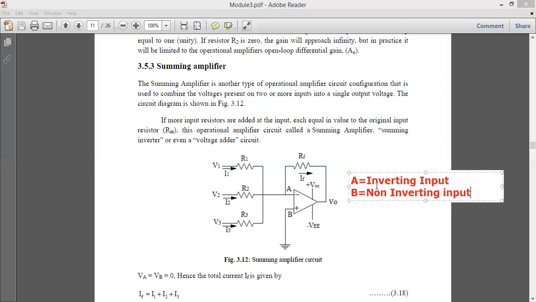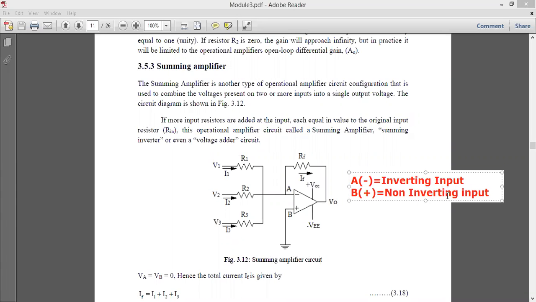So basically, an op-amp consists of two inputs. A is represented by a minus sign, which means it is inverting, and B is represented by a plus symbol, which means it is non-inverting.